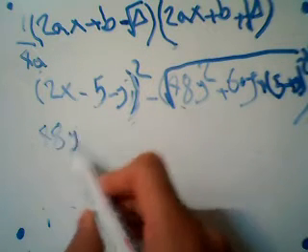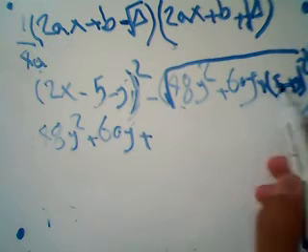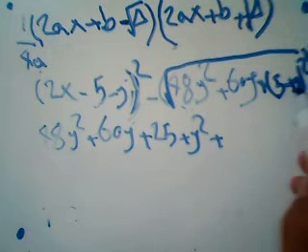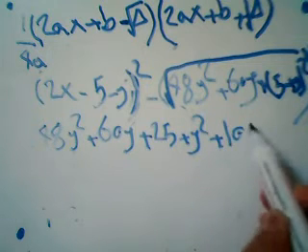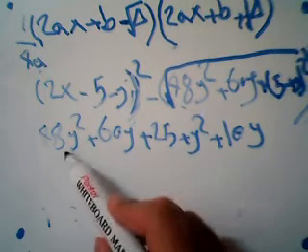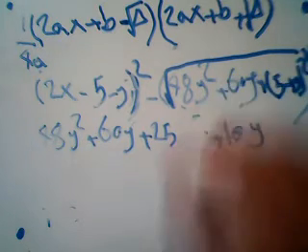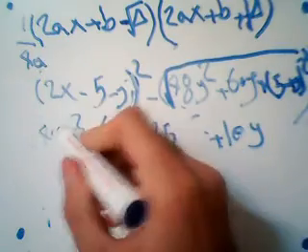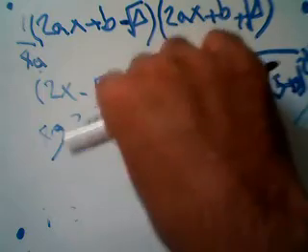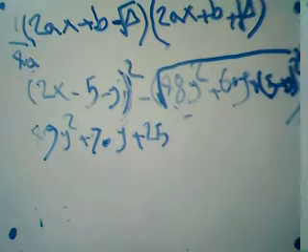This is 48y squared plus 60y plus (5 plus y) squared. And this is 25 plus y squared plus double of their product, 10y. Now here we got 48y squared, here 1y squared, so that would be 49y squared, 60 and this 10 make 70y, plus 25.